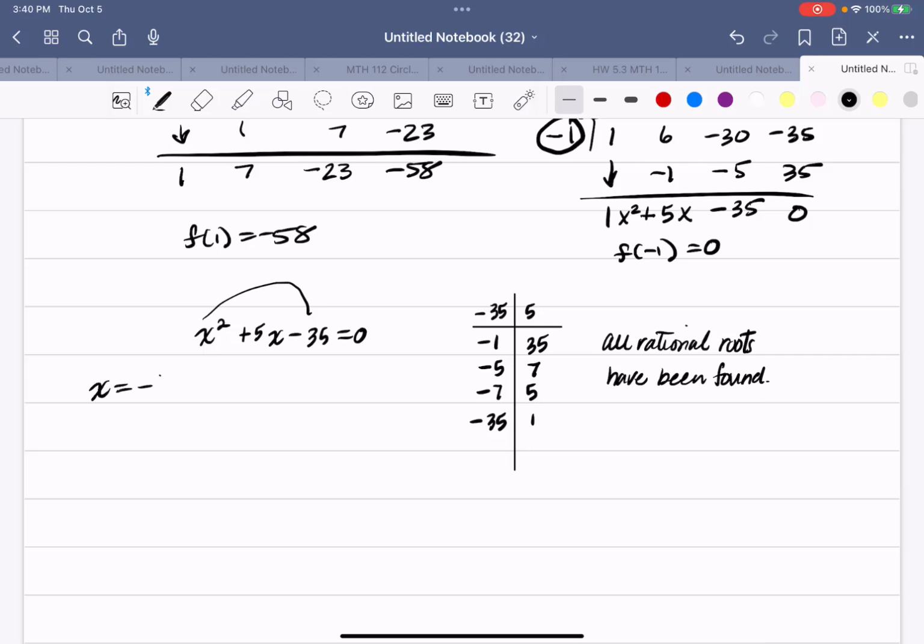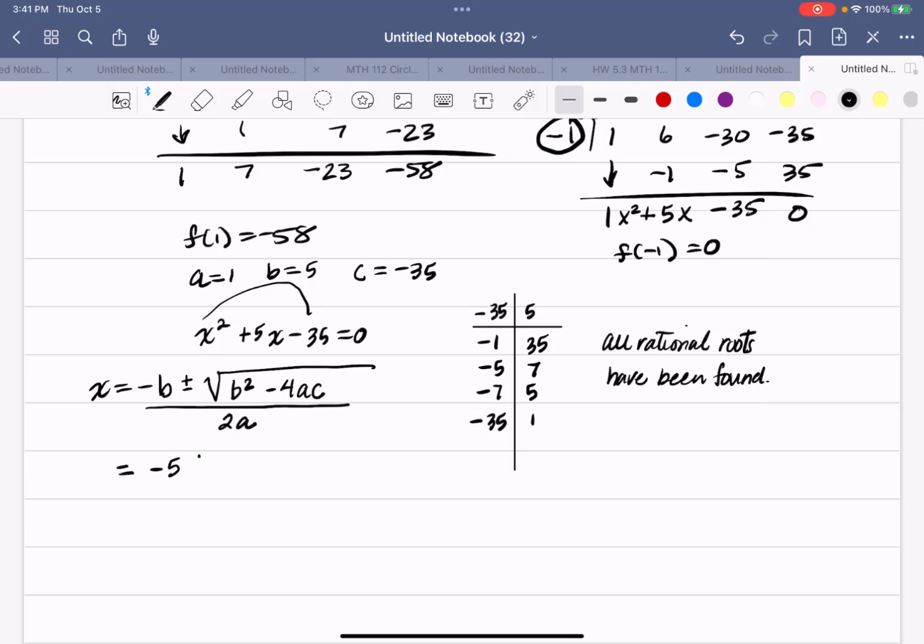X is the opposite of b plus and minus the square root of b squared minus 4ac, all of that divided by twice a. Our a is 1, our b is 5, and our c is minus 35. So the opposite of b would be a negative 5 plus and minus the square root of 5 squared minus 4 times 1 times negative 35.